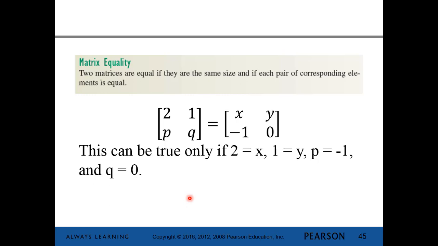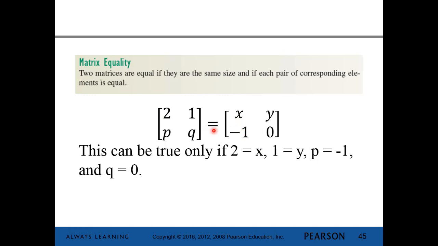For example, in this matrix here, we have a 2 by 2 matrix and another 2 by 2 matrix, and we're saying they're equal. They could be equal because they do have the same number of rows and columns. They're both 2 by 2 matrices.